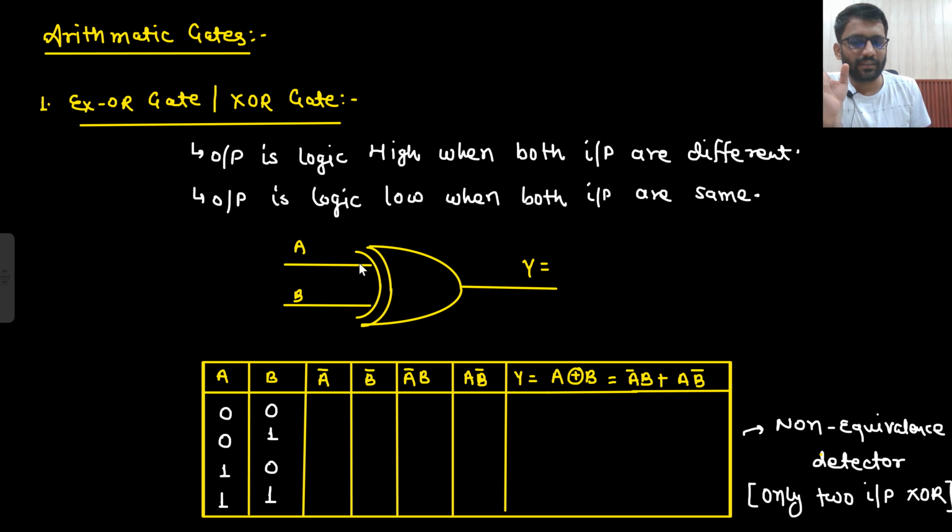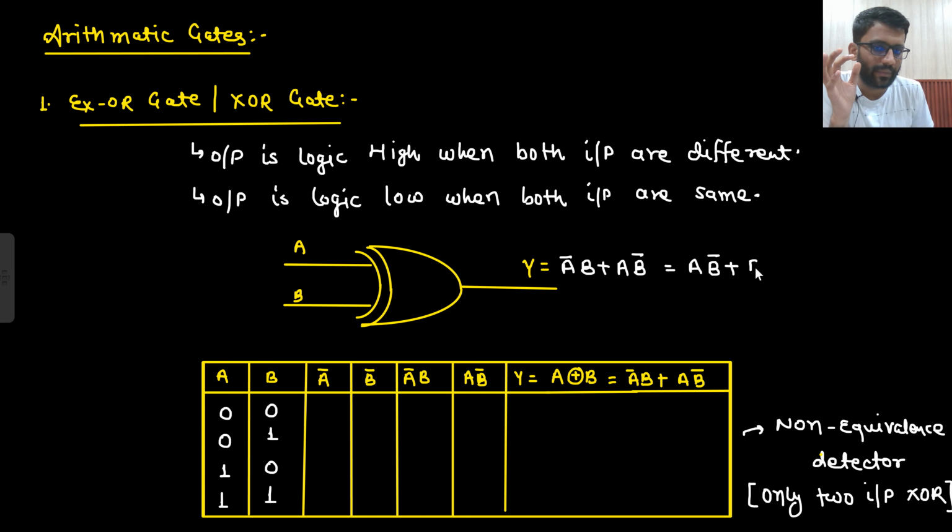But let's just write down the output expression for two inputs. That would be A bar B plus A B bar. The bar of one and then the other on its own, plus A and then the bar of the other. It can be replaced with A into B bar plus B into A bar as well.